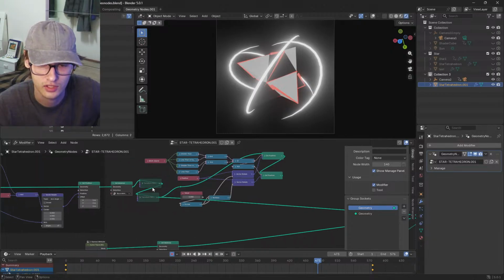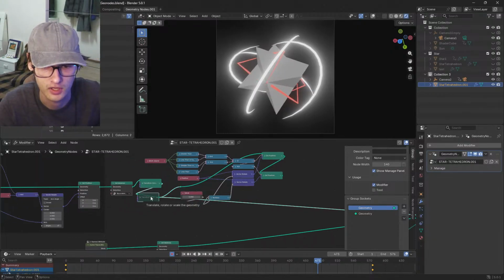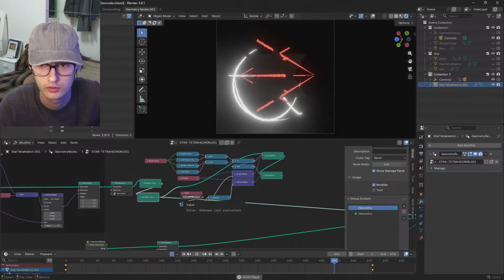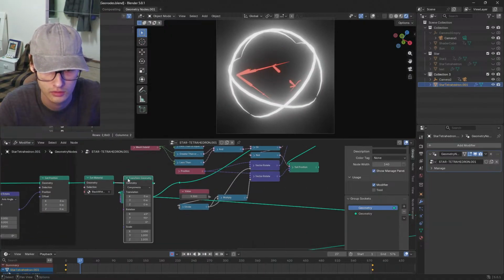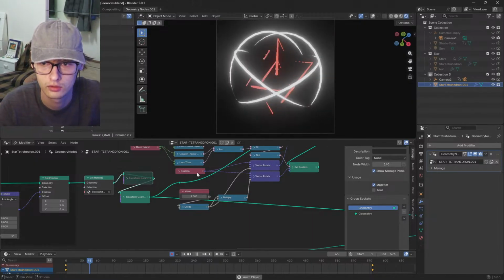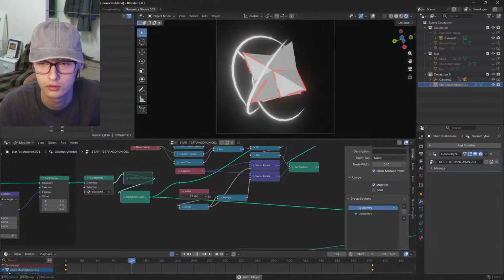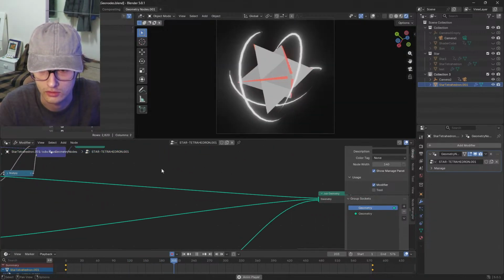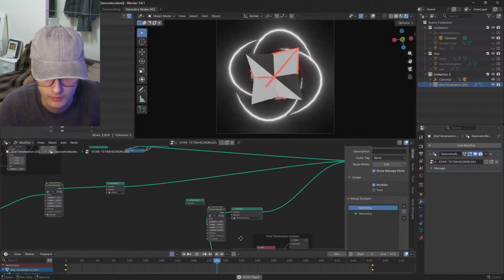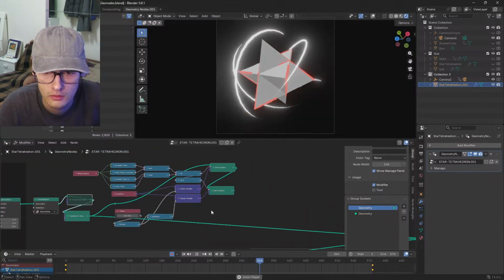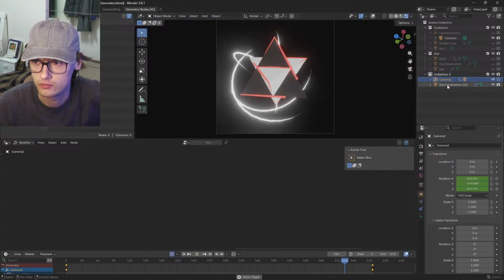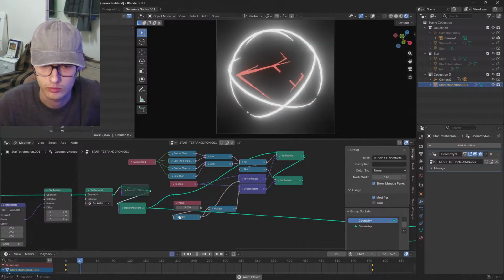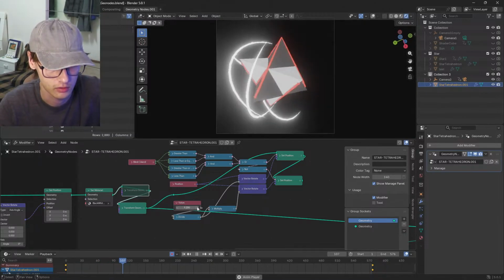Oh yeah, I was trying to rotate the mesh islands. Oh my gosh. But it's not working now for some reason. Oh, that's a shame. I accidentally made a separate node group for this.